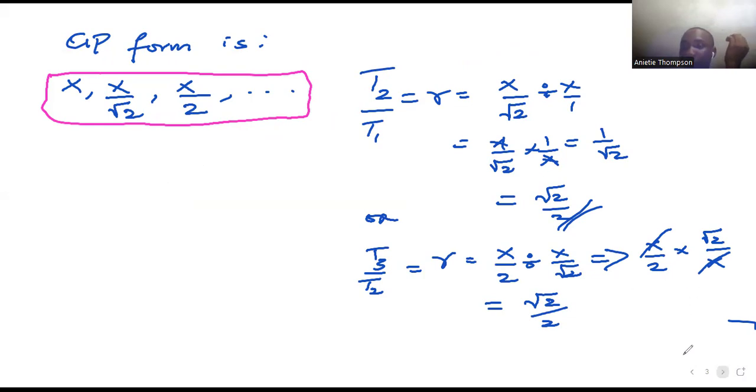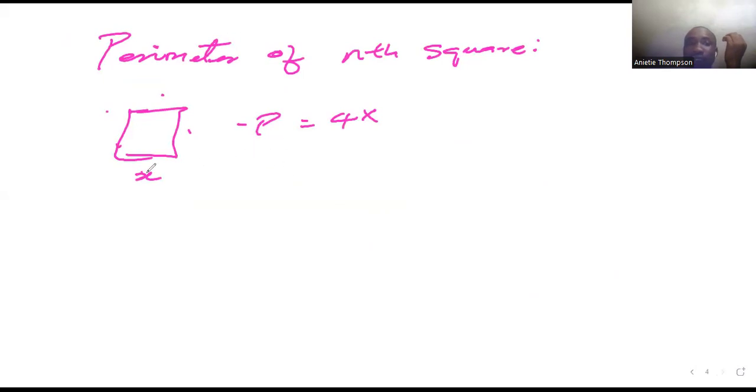That means the nth term formula is going to be 4 times the expression for the length of the side of the nth square.